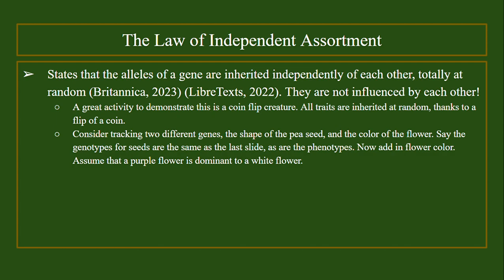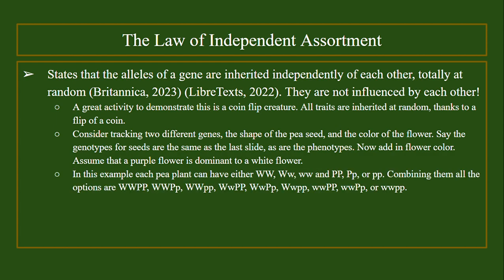Now, if we want to add in flower color, this is where it gets fun. A purple flower, assuming that the purple flower is dominant to the white flower. In this example, each pea plant can either have big W big W, big W little w, or little w little w. Those are the only genotypes that they can have in regards to whether their seeds are smooth or round.